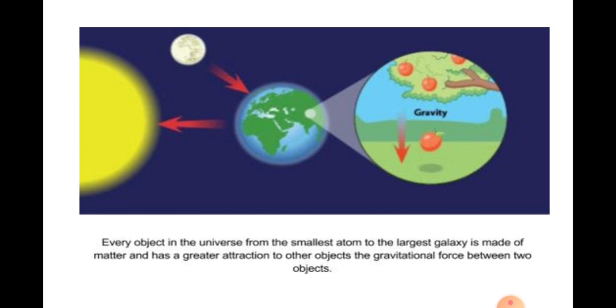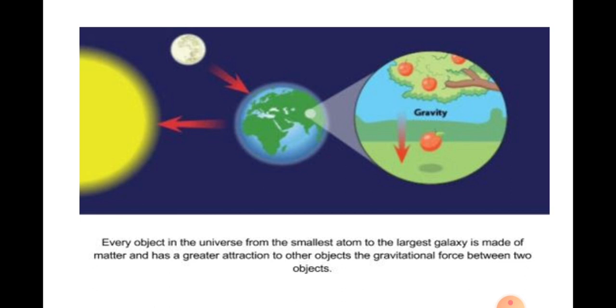How will it be detected very easily? When we drop a stone from some height, what happens? It just falls down towards the earth. Why does it fall down towards the earth? This is because the earth exerts a gravitational force of attraction on the stone and pulls it down.